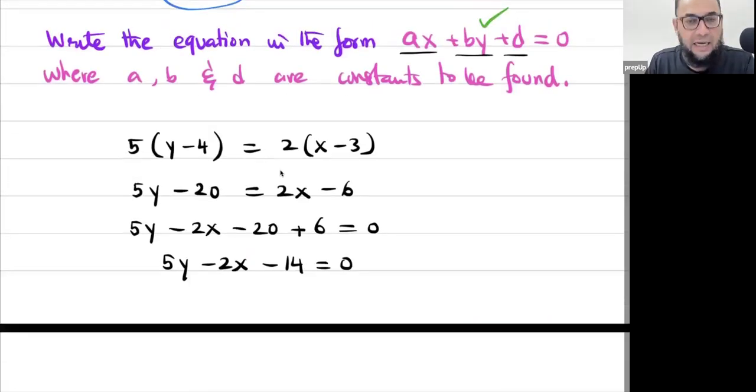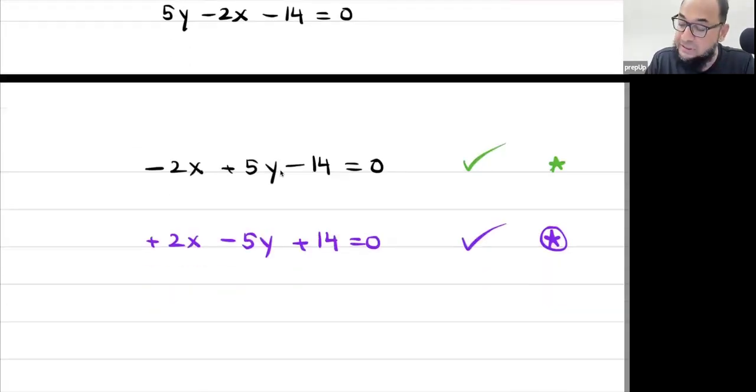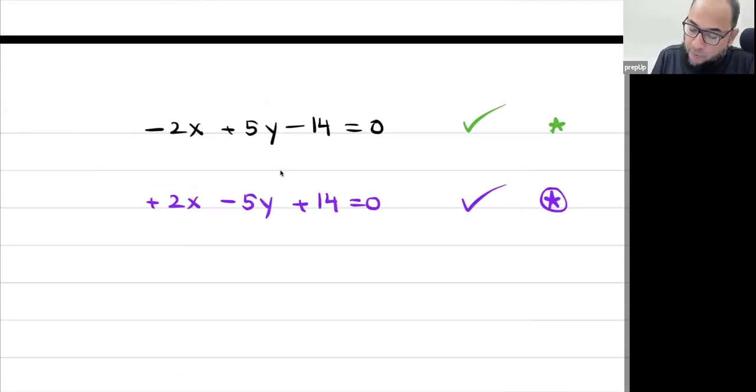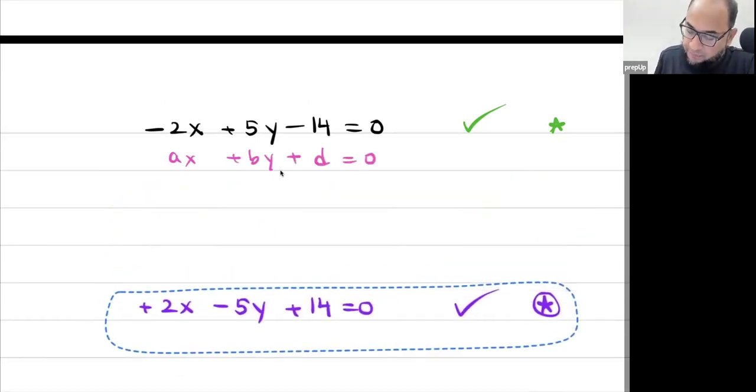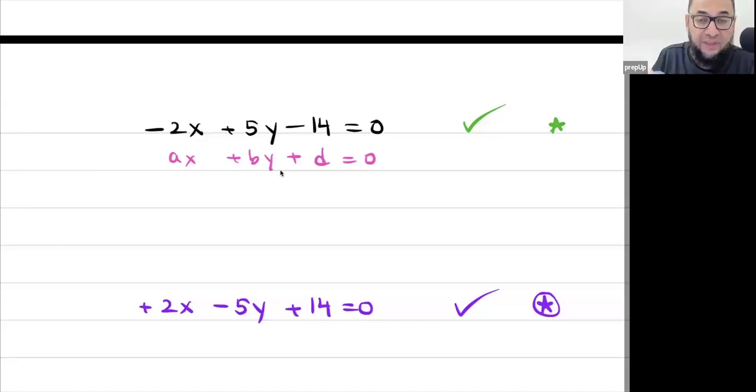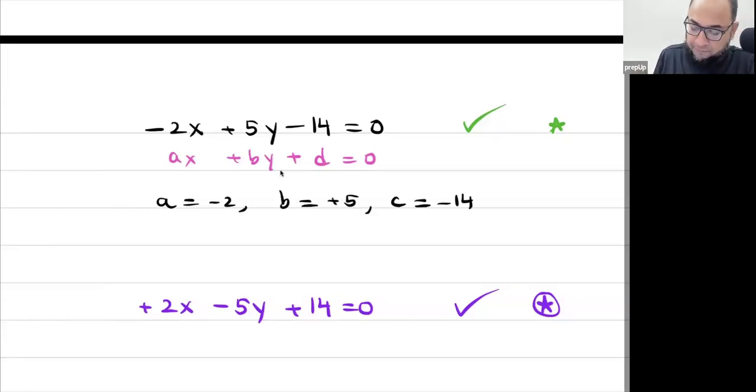So a, b and d are constants. Those constants would vary. Over here, if I write ax plus by plus d equals 0, let me shift this thing a bit down. So over here, if they want the constants separately, I'll write a is negative 2, b is positive 5, d is negative 14.